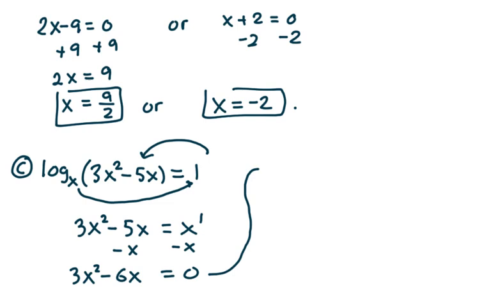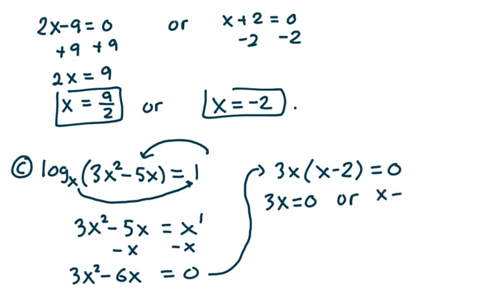So I'm going to come over here. I'm going to factor out the 3x. And we get 3x times x minus 2 is 0. So 3x equals 0, or x minus 2 is 0. So x is 0, or x is 2. But I have a question.